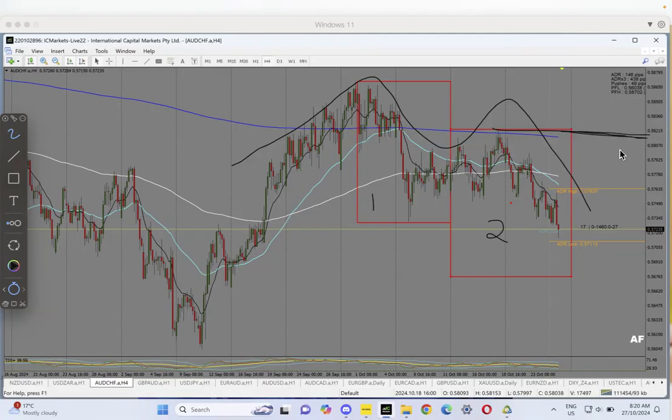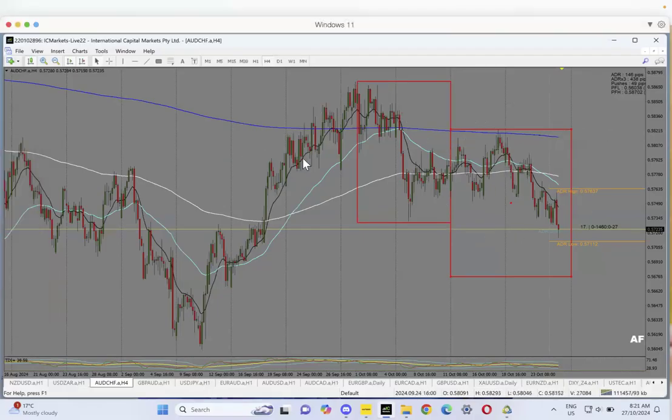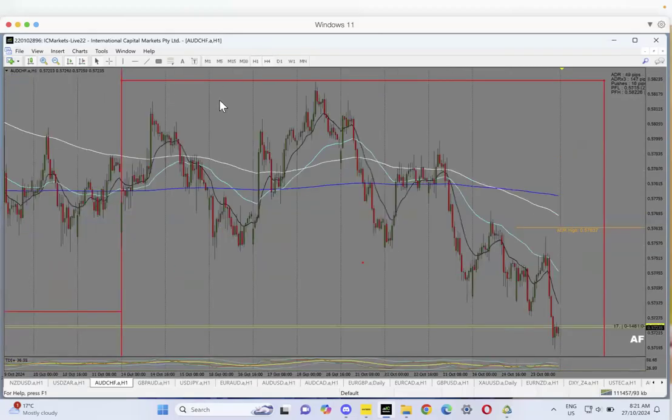But because I'm working real time, I'll just leave it as is until I am sure or I have seen what H1 is saying or what I suspect could be happening. All right. So these are my levels at the moment, but we're yet to see if H1 supports that or not.